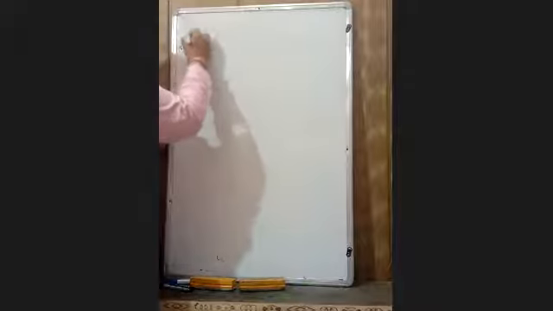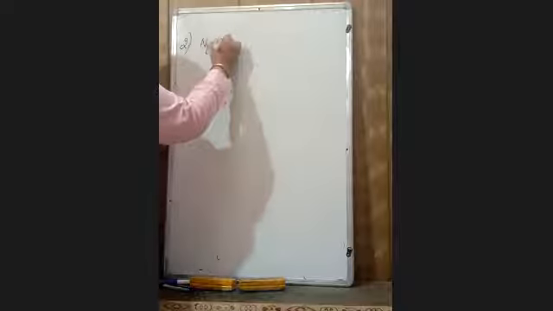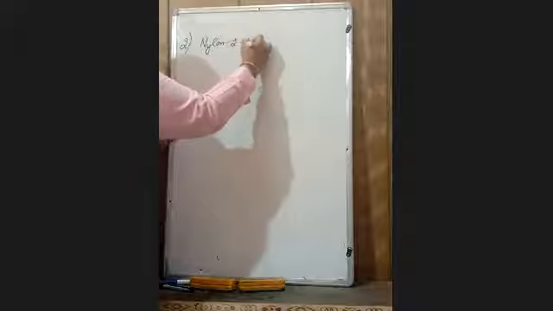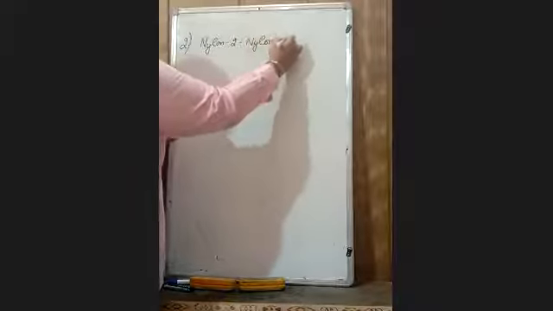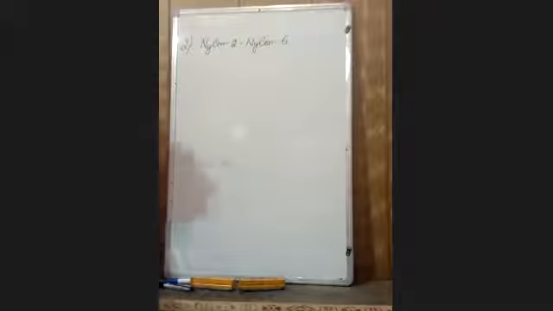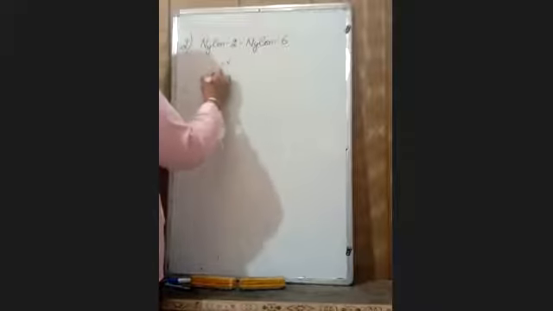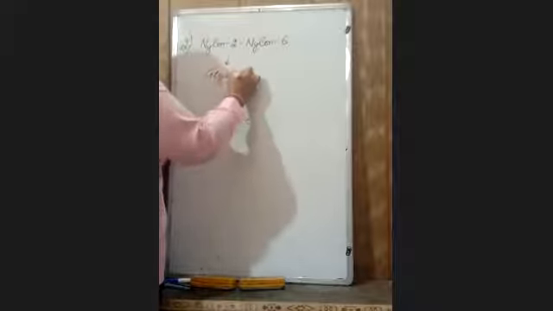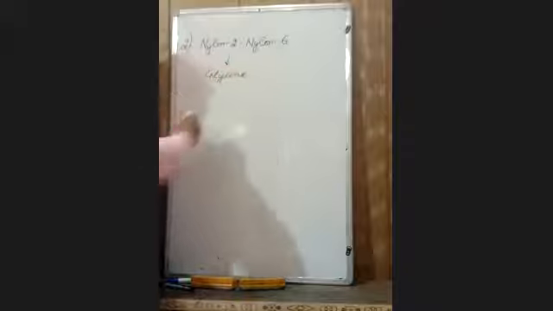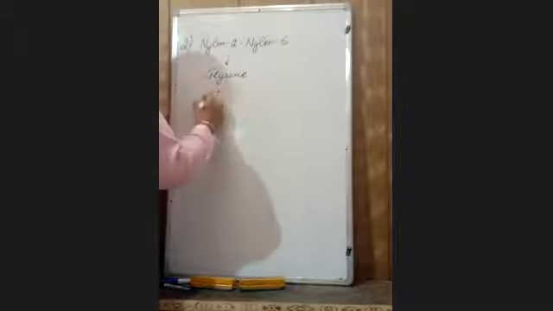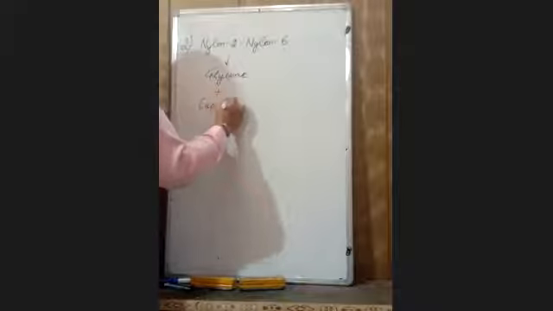Next biodegradable polymer is your nylon 2, nylon 6. It is also the example of biodegradable polymer. It is a polyamide formed by condensation reaction between glycine, which is your simple amino acid, plus caprolactam.